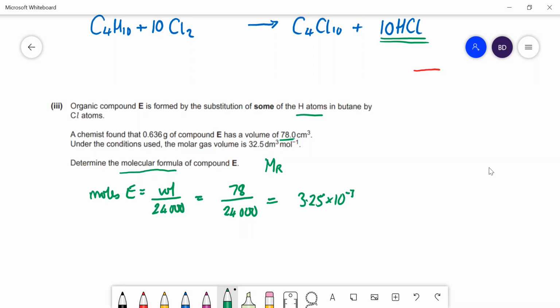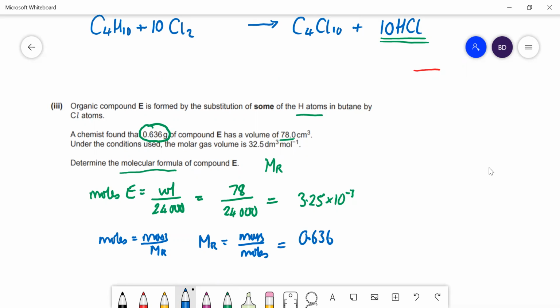Right. Now we know that this many moles had a mass of 0.636 grams. And we know that moles is equal to mass over MR. We want to find out the MR, so let's rearrange that. MR is equal to mass divided by moles, which is equal to 0.636 divided by the moles, 3.25 times 10 to the minus 3.